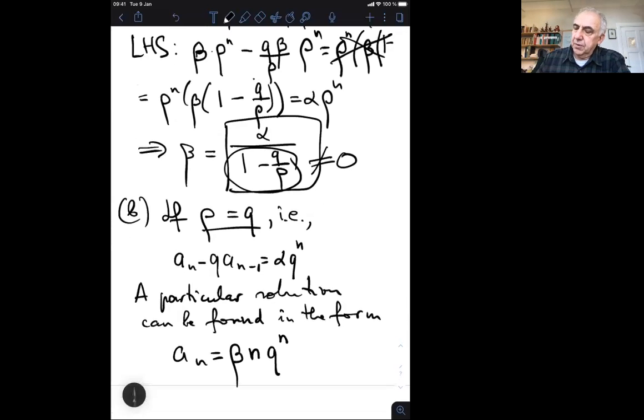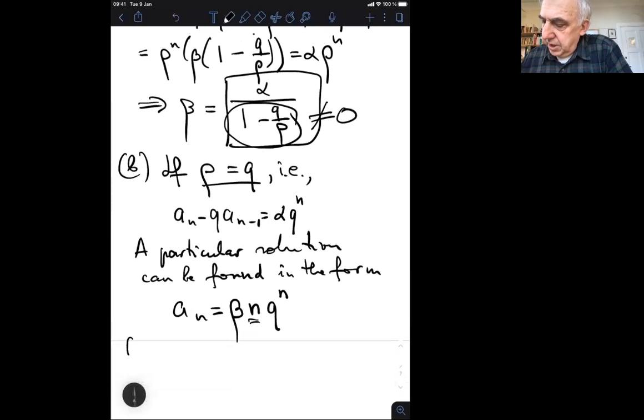So we have to throw in an additional factor n. Okay, let's check why it works. I hope I haven't confused anything myself. So we have beta n q power n minus beta, okay, we have this factor q here, minus q.